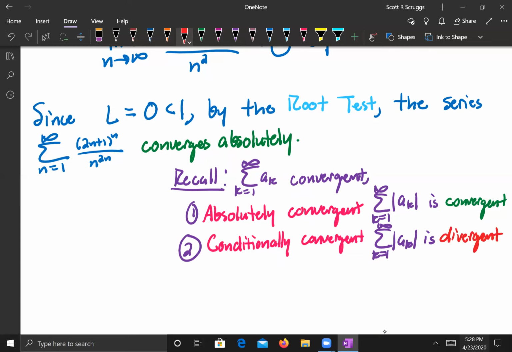I say that my original series is conditionally convergent because while the series is convergent, if I take the absolute value of each term to make them all positive, I actually get a divergent series. And that typically comes up when we're doing alternating series tests, because I could get a series where the absolute value is divergent.